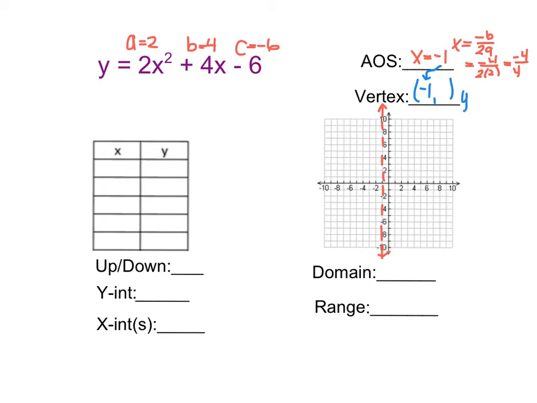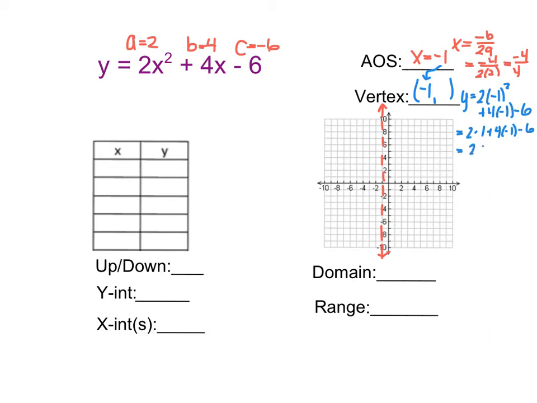So I take y is equal to 2 times negative 1 squared plus 4 times negative 1 minus 6. So we start with our exponent there. So we have 2 times negative 1 squared is 2. So then I have plus 4 times negative 1 minus 6. Then I do all my multiplications.